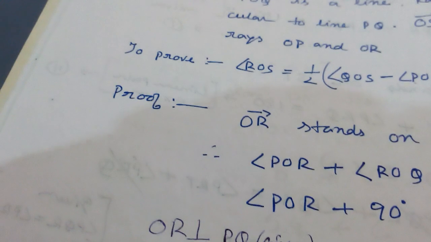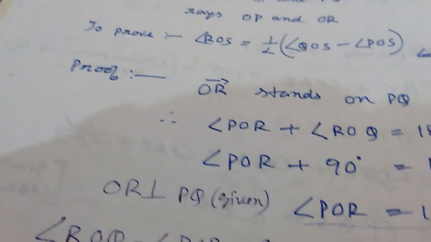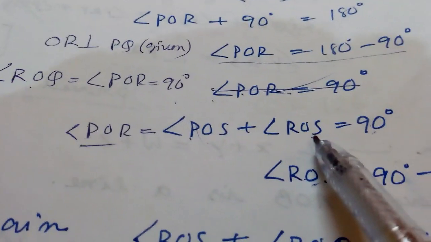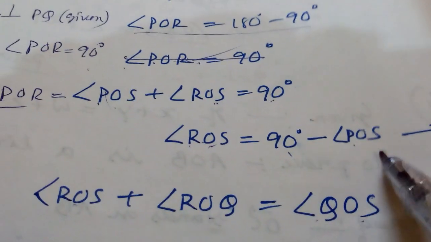Therefore, ROQ is equal to POR is equal to 90 degree. POR is equal to POS plus ROS. POS plus ROS is equal to 90 degree. Therefore, ROS is equal to 90 minus POS.